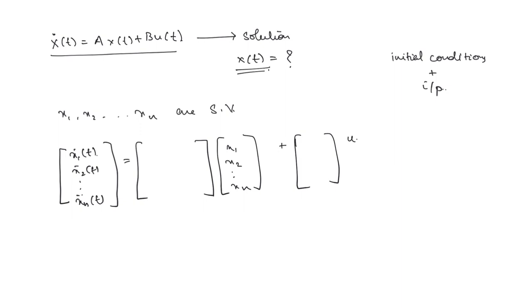Now this matrix is what we call the state vector, and this is what we have to find out.